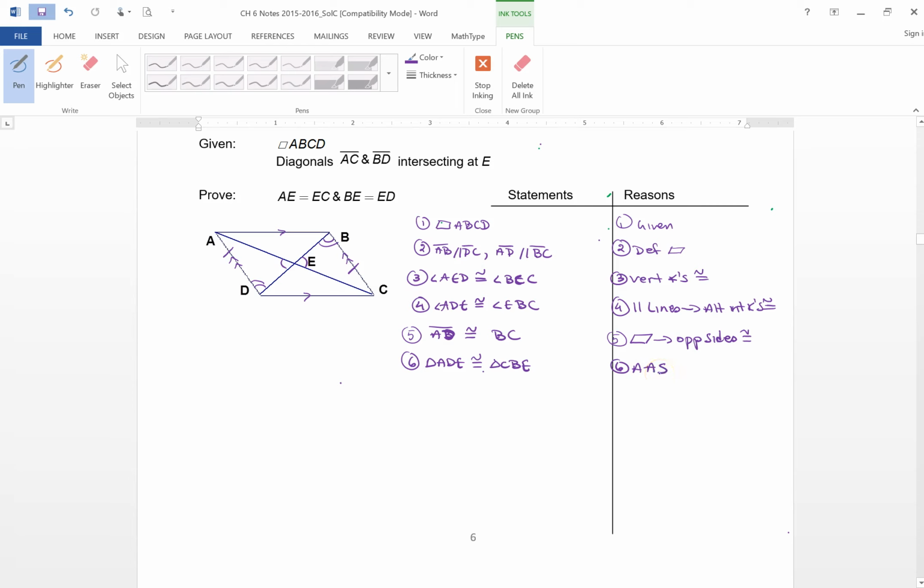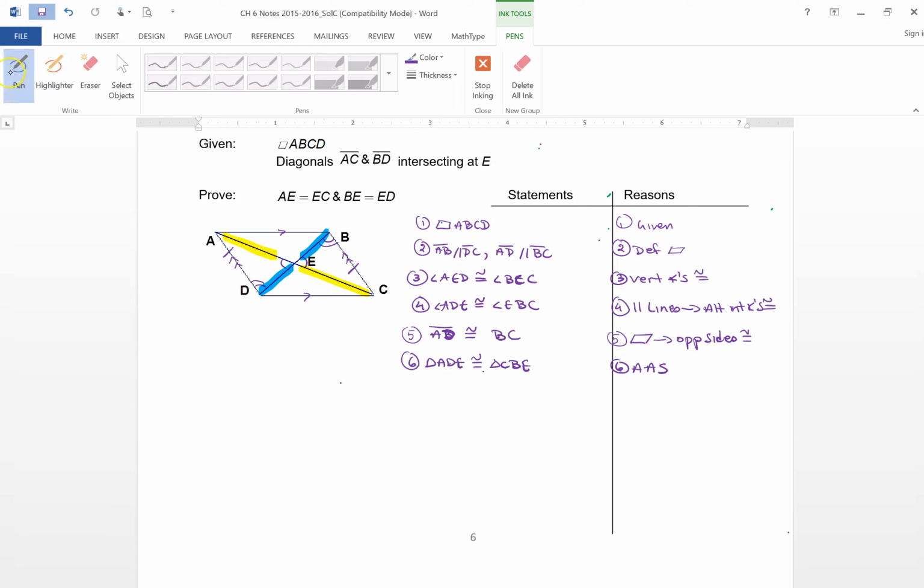Okay? Now, if the triangles are congruent, what does that mean? That means that this and this are congruent to each other because of CPCTC, and it means that this and this are congruent to each other because of CPCTC.